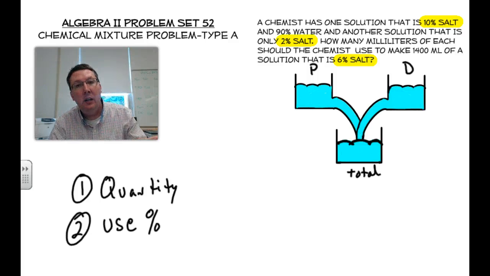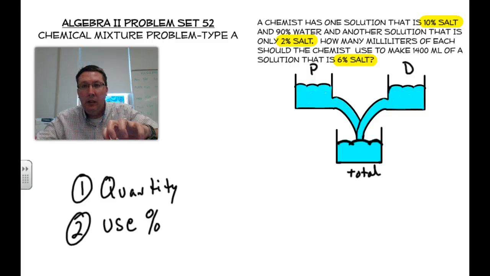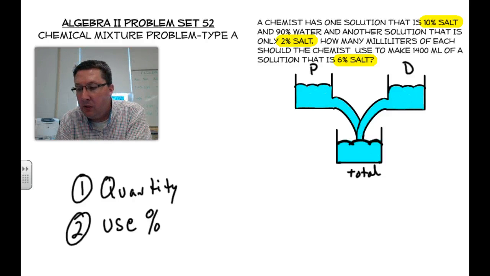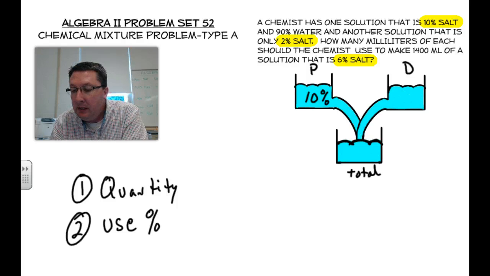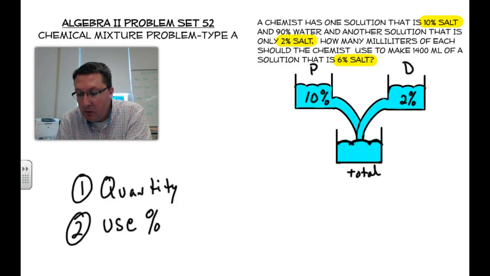Okay, so we have one solution that we're going to pour in, and then we're going to dump another one in, and we want our final total mixture to be some percentage. Now this pouring percentage, that's going to be our first one. This is a 10% solution. The dumping is the 2% solution, and we want to make the total a 6% solution. Okay, so that's our percentages.